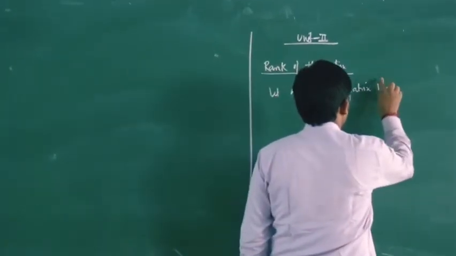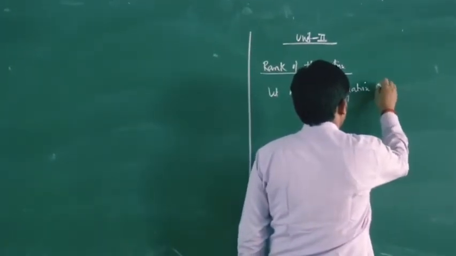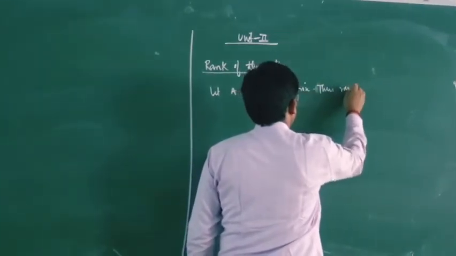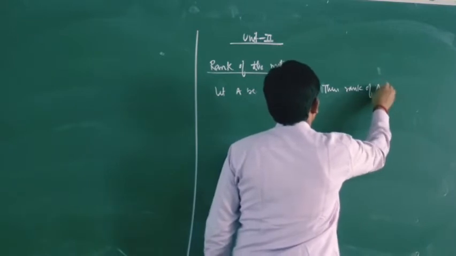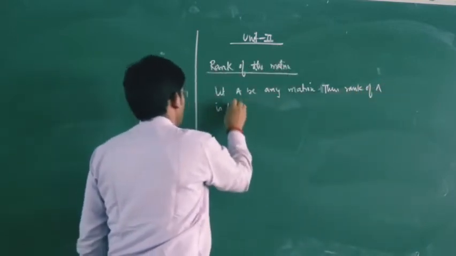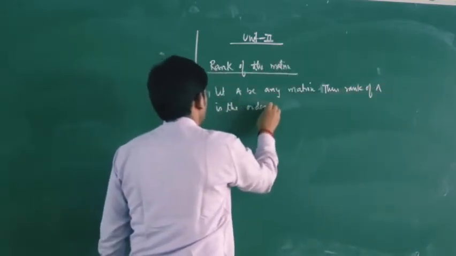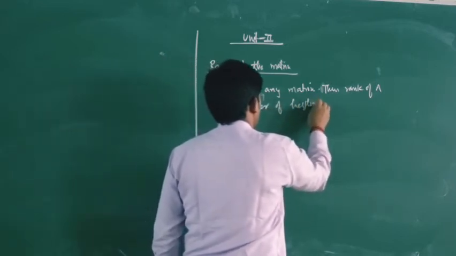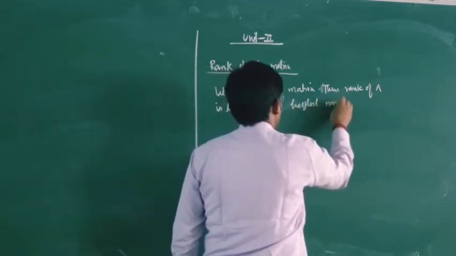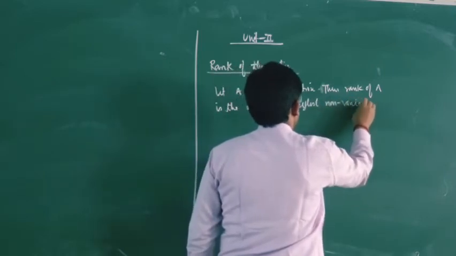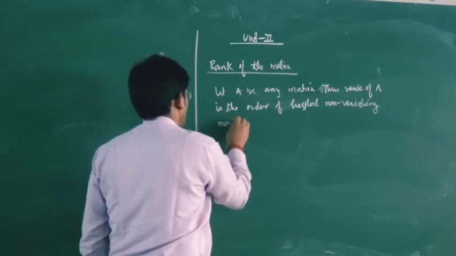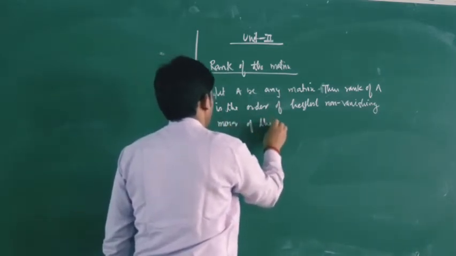Then rank of A is the order of the highest non-vanishing minor of the matrix.